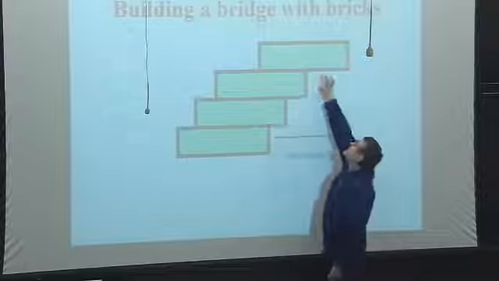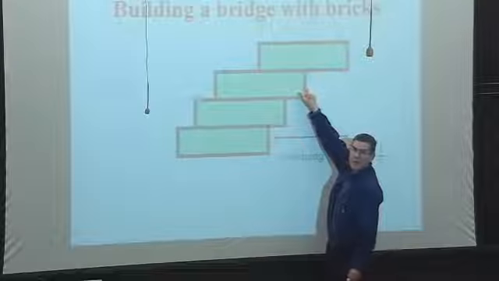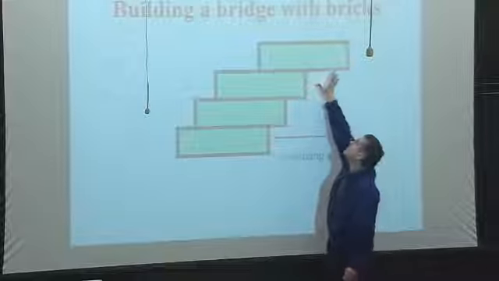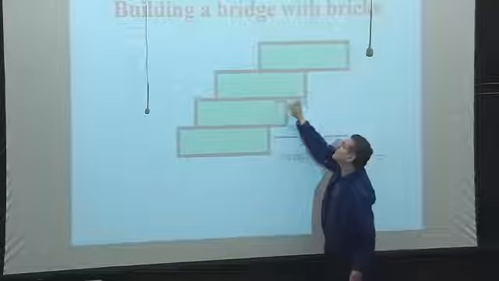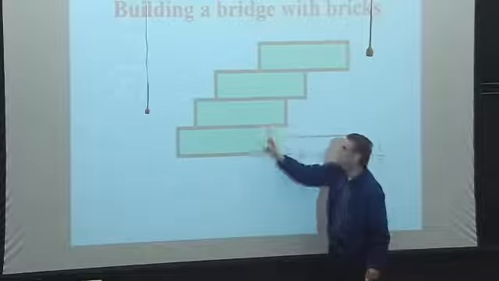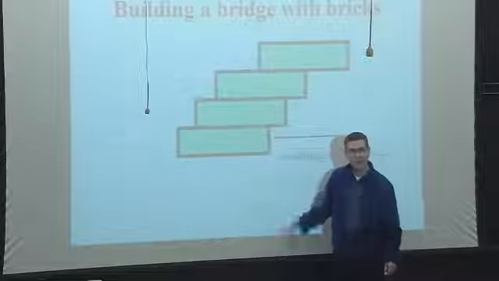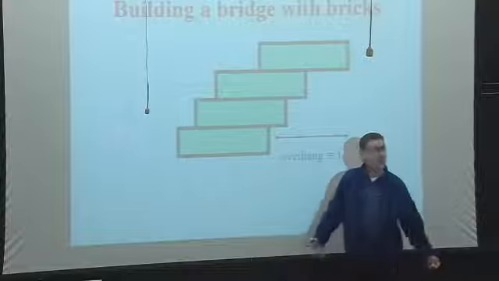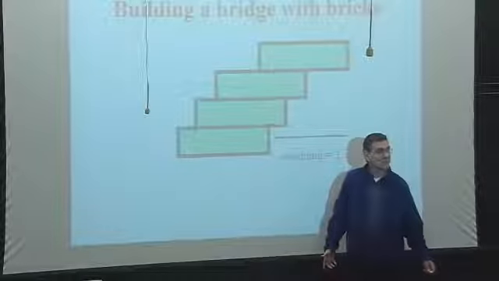So you understand this doesn't fall down because it's balanced on its center of mass. And these two don't fall down because they're balanced on the center of mass. And these don't fall down because they're balanced on the center of mass, and so on. So you can keep going like this.